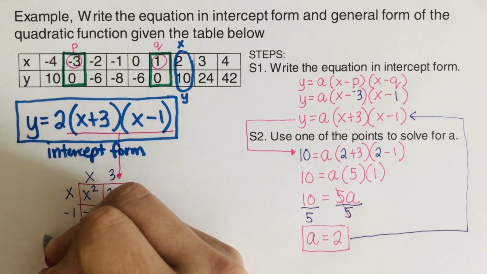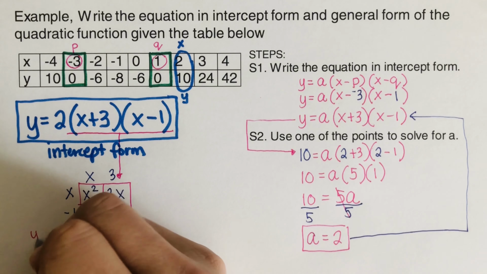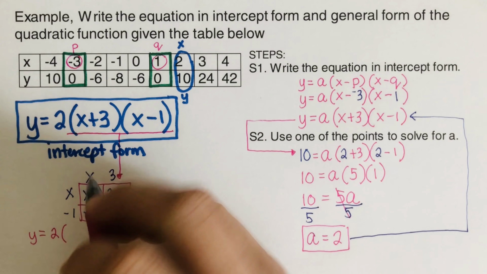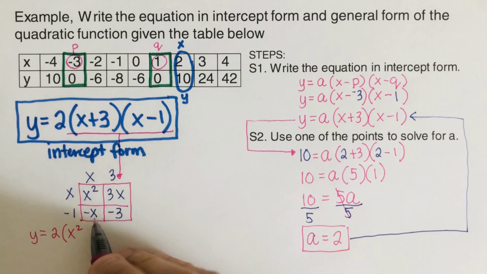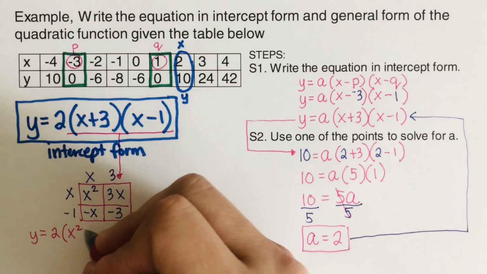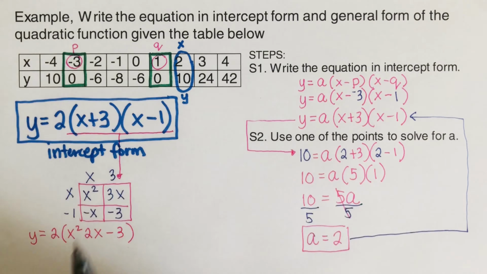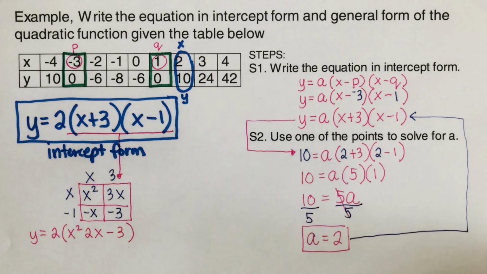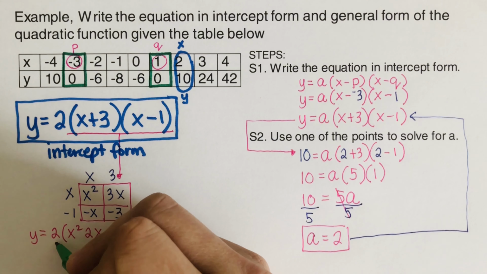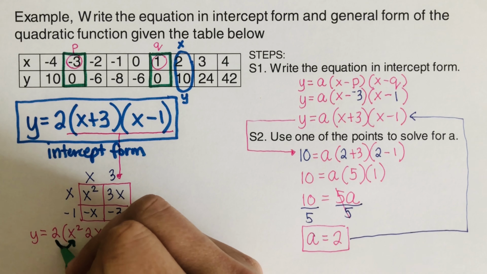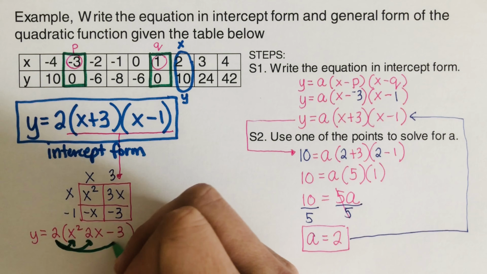So then if we simplify this, I'm going to use a different color for this. This would be y is equal to 2 parentheses x squared plus 2x minus 3. But then we can still simplify this by distributing the 2 to each of the terms inside the parentheses.